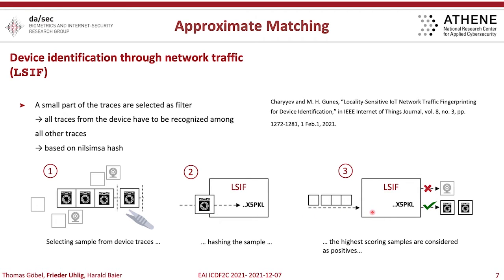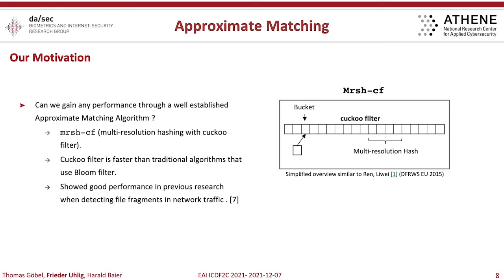And through this filter, it can determine which hash other incoming traces belong to, which device. And the highest scoring samples are considered positives. Yes. And our motivation was really to see whether we could do better in the field.